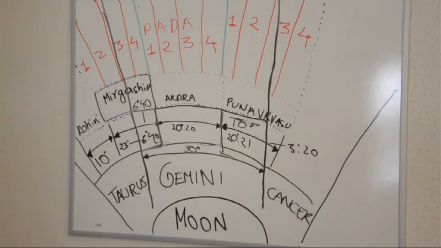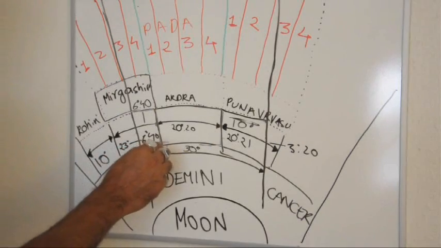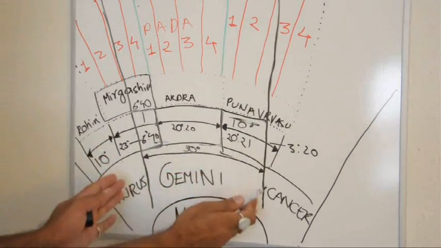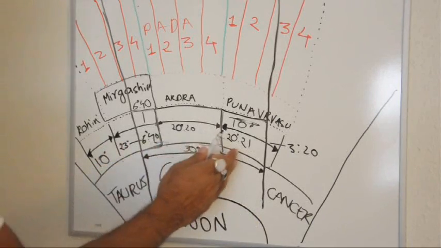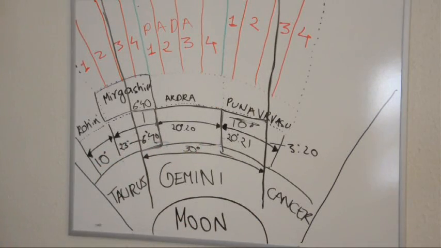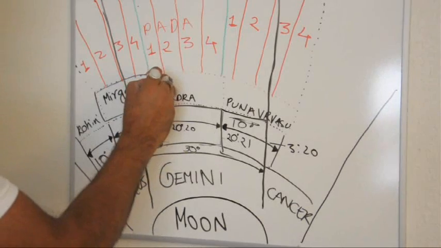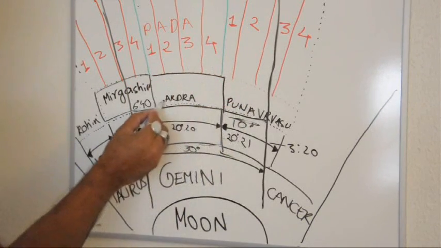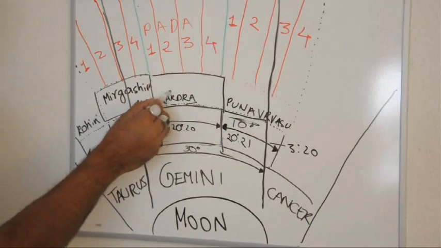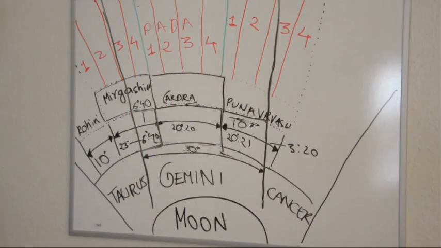Then after 6.40 degrees in the sign of Gemini, all the way to 20.20 degrees, you have Ardra. This is another constellation which has its own meaning, its own traits.